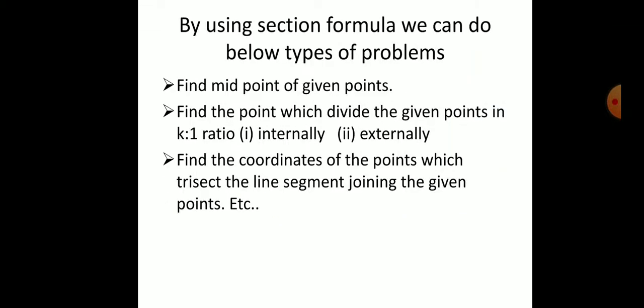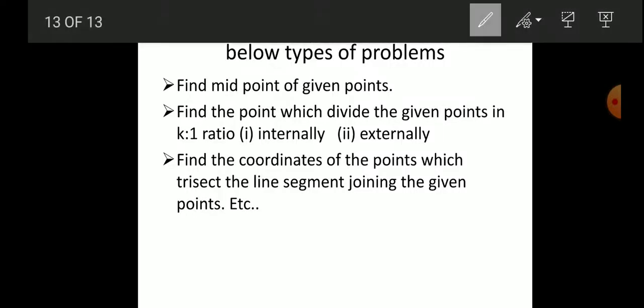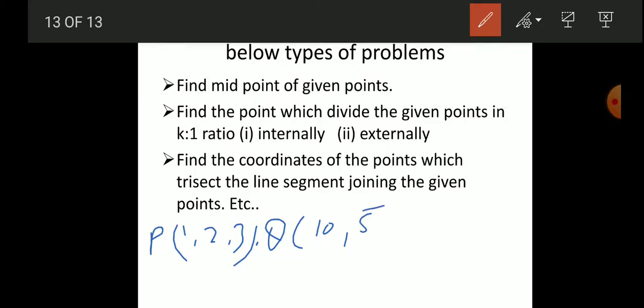By using this formula, we can do these types of problems. Find the midpoint of the given points. Suppose one point P is (1, 2, 3) and the other point Q is (10, 5, 3). We want to find the midpoint. How can we find it?